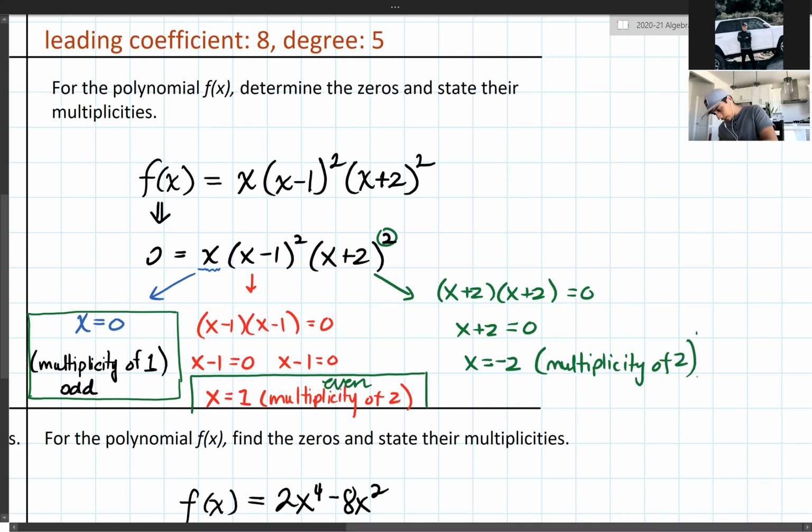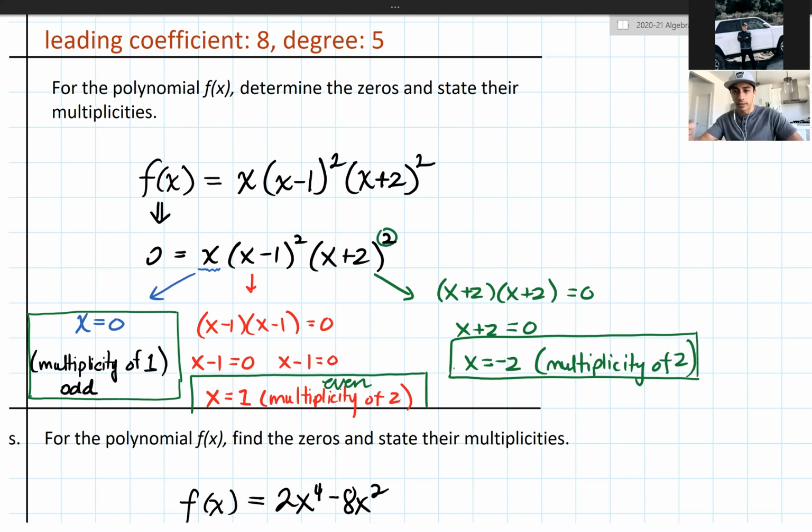And then the last one is x equals -2. This is a multiplicity of 2. So at those x values, at those points, we know what the multiplicity is of each. If we wanted to start graphing, we could. We're not going to go there yet because we're going to continue to work on finding these zeros and then stating multiplicities.